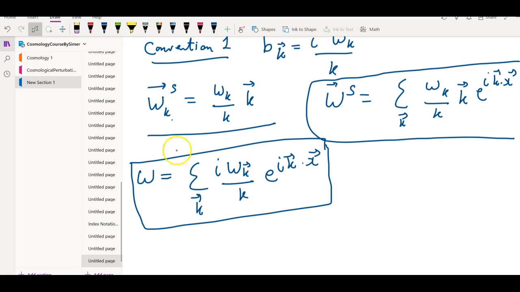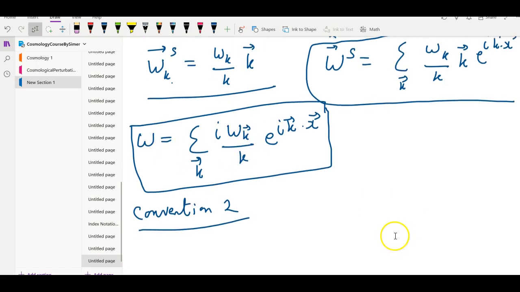Now let us see what is convention 2. In convention 2, we would not like to keep this iota sign here. We would like to express W without iota, like this.